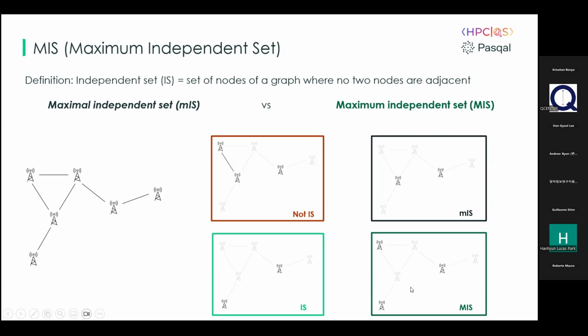So it's an independent set. And in this graph, we cannot select a collection of 4 nodes such that they are pairwise disconnected. This example illustrates quite well the subtlety, but still the difference between a maximal independent set and a maximum independent set.